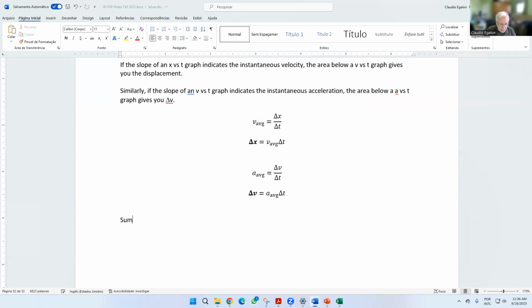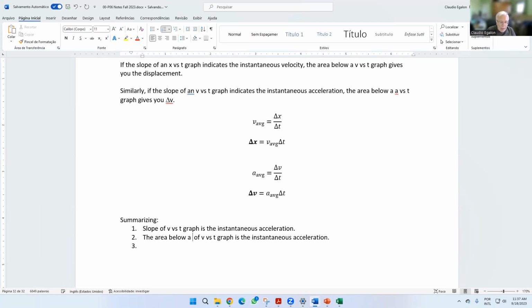I want to write it, summarizing. The slope of a V versus T graph is the instantaneous acceleration. The area below a V versus T graph is the displacement.